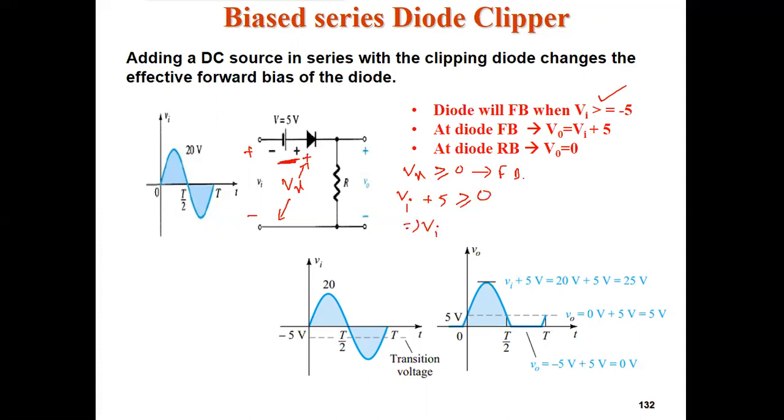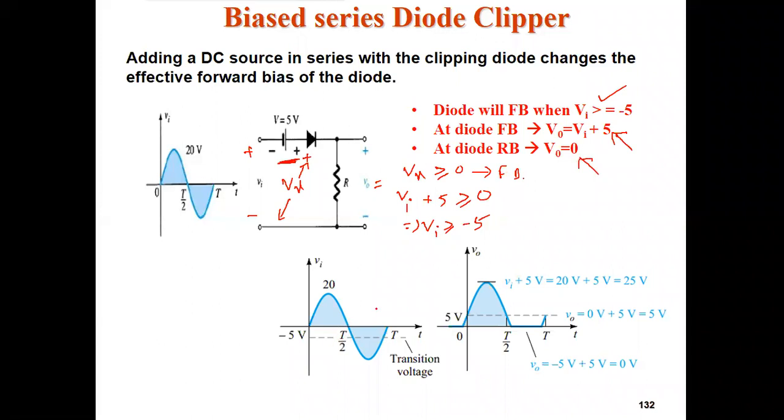This implies Vi must be greater than or equal to -5 for the diode to be forward biased. When the diode is forward biased, V0 is the sum of the input voltage and 5. So when the diode is forward biased, V0 equals Vi plus 5, and when it is reverse biased, it is equal to 0.